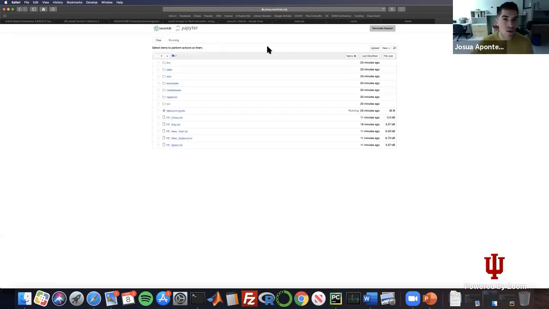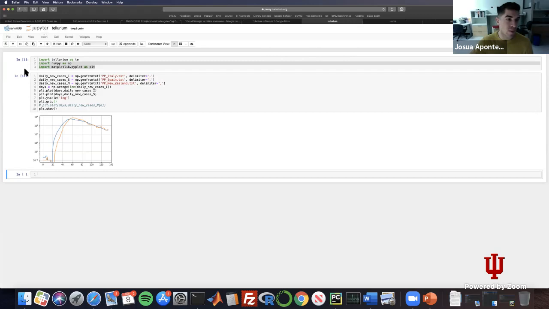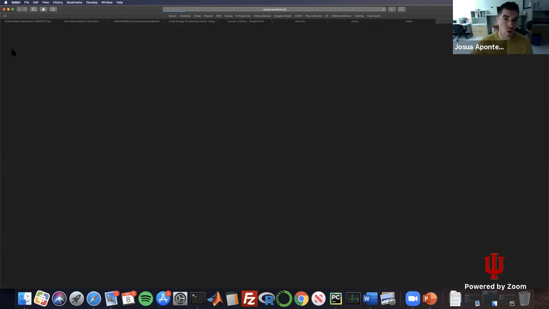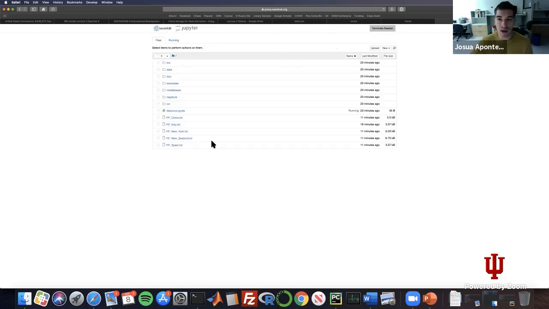It worked for me. Once I am in my notebook, it could be the Tellurium application, but even if you're using just the Jupyter application, you click on File, you click on Open, and then you hit Upload.